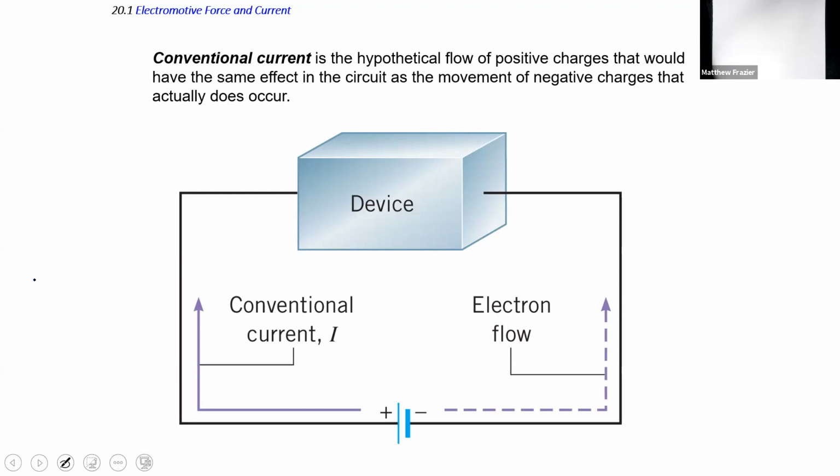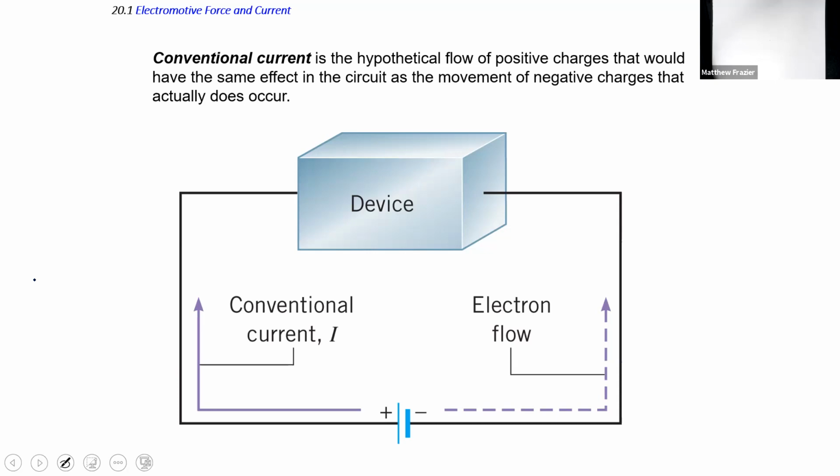So the actual flow of particles through the circuit is electrons flowing from negative to positive, from low potential to high potential. For everything we're going to do, that does not matter. But in real electronics, once you get into, say, the calculators and the phones and the computers, everything that has transistors in it, everything that has electrical switches, you have to consider that once we have electricity flowing through semiconductors, through the chips in your computers and such, the electrons are actually doing the moving.